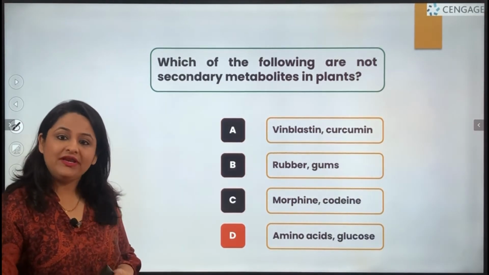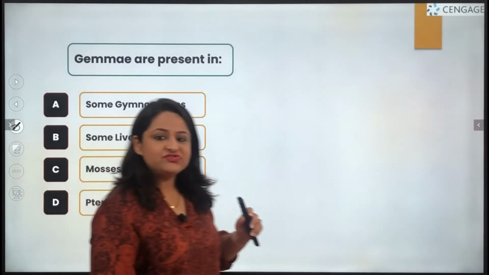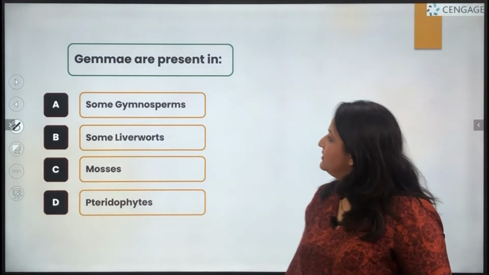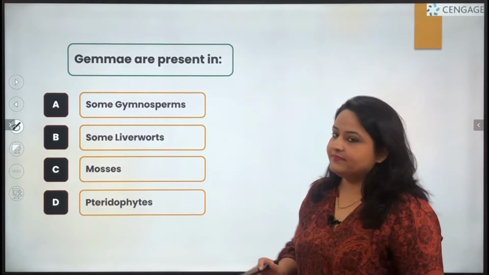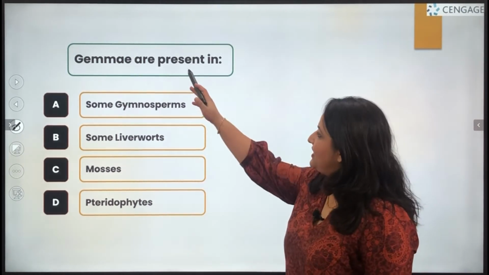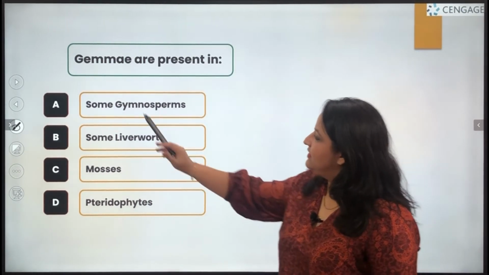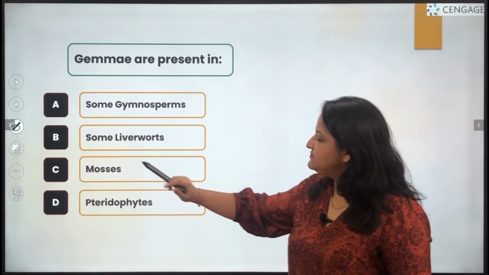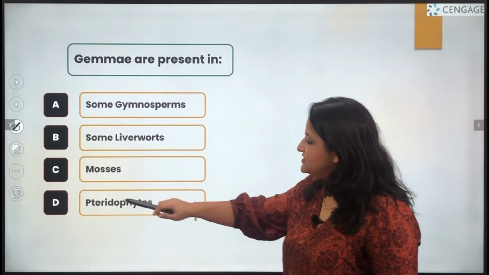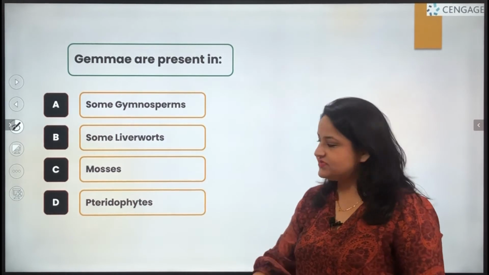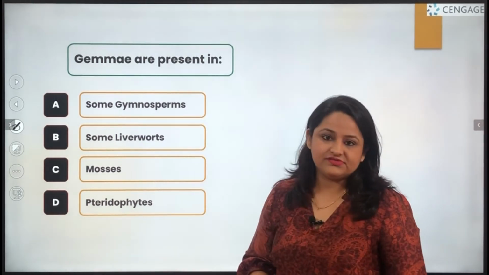Now, let's come to the next question. This question states that gemmae are present in. So we all know, they are asking whether they are present in some gymnosperms, some liverworts, some mosses, or pteridophytes.